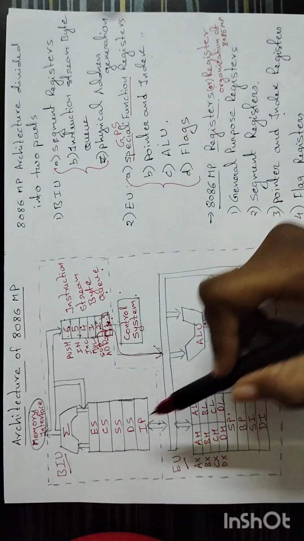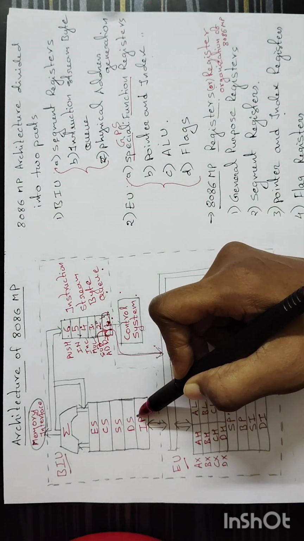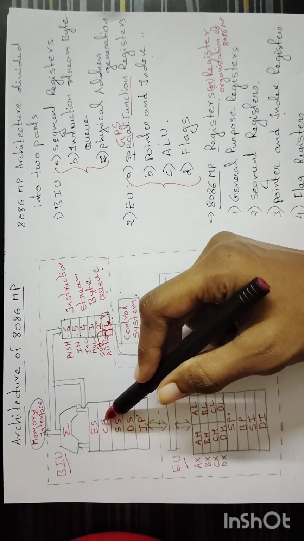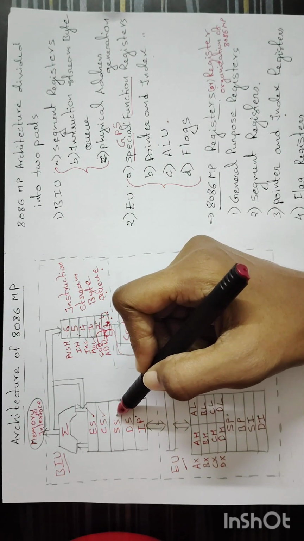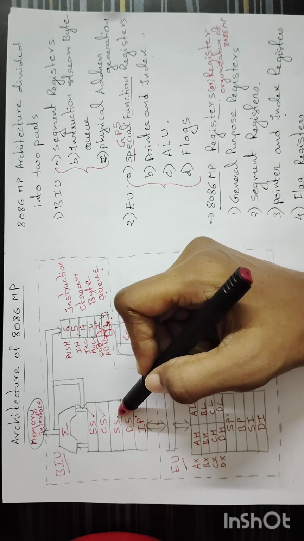Next one is the segment registers. The segment registers consist of the extra segment, code segment, stack segment, and data segment.